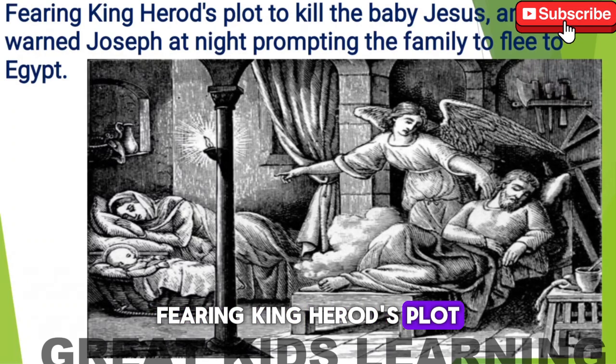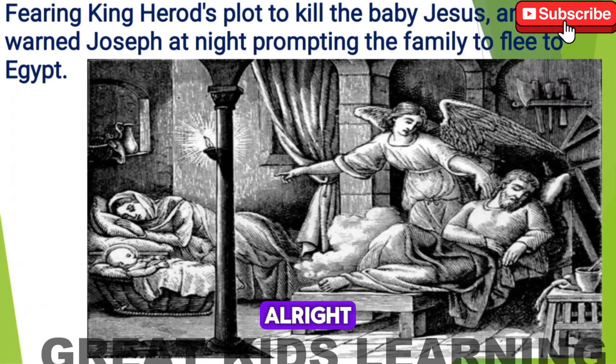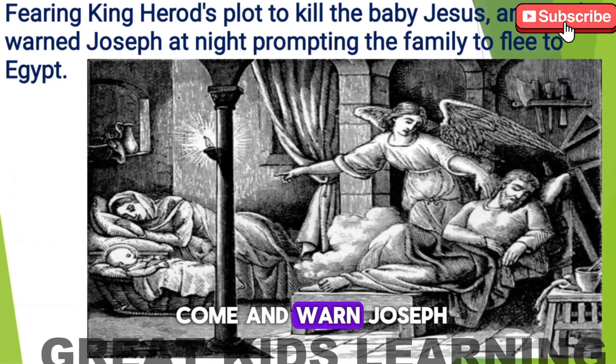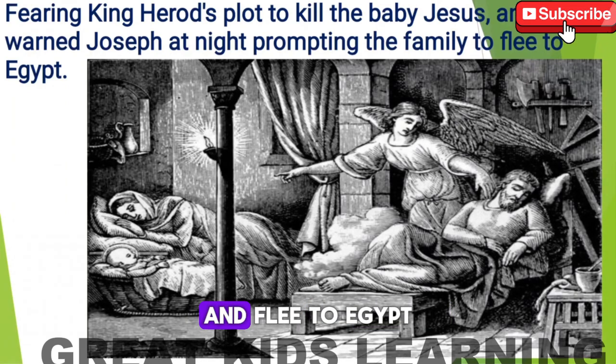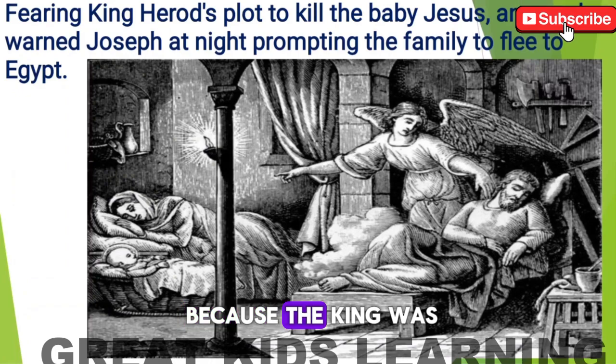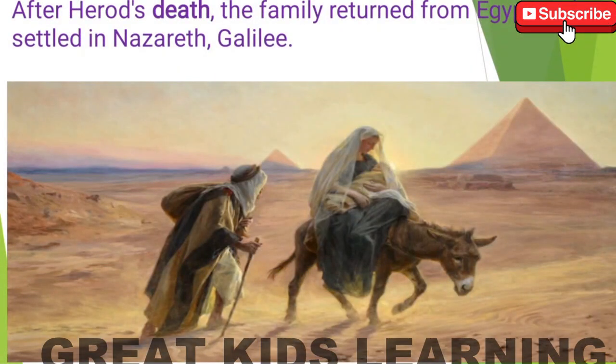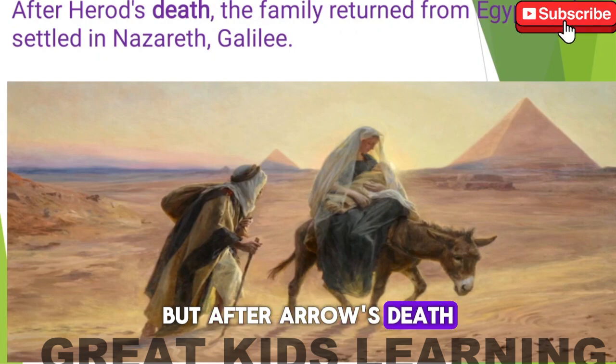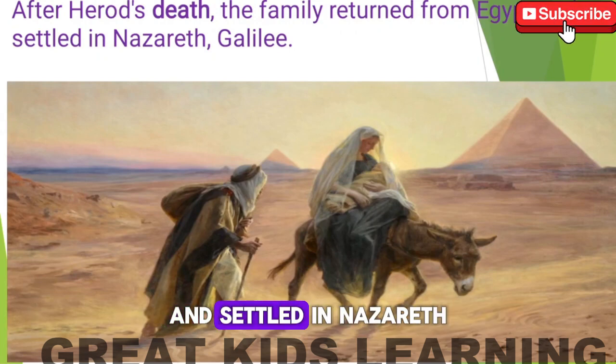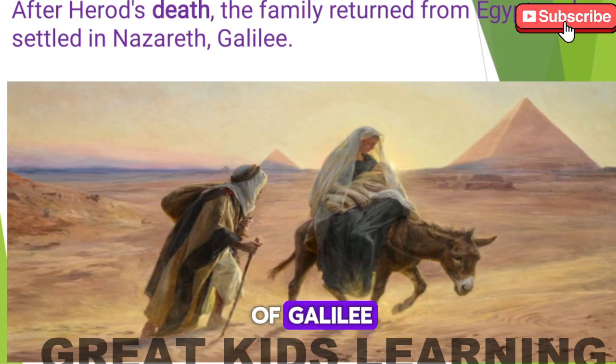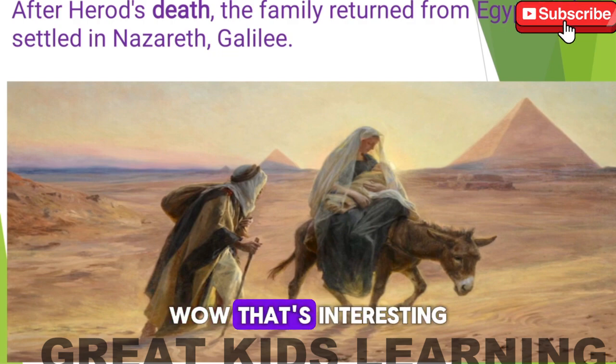Fearing King Herod's plot to kill the baby, an angel had to come and warn Joseph to take the baby and flee to Egypt because the king was after him. So they ran. But after Herod's death, the family returned from Egypt and settled in Nazareth of Galilee. Wow, that's interesting.